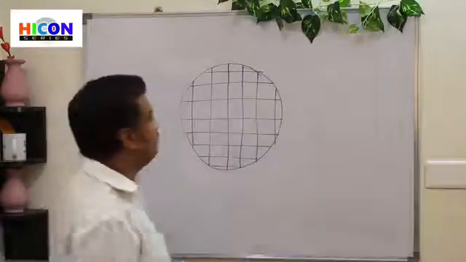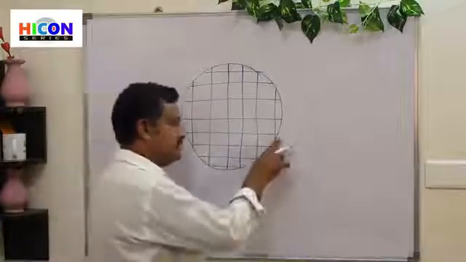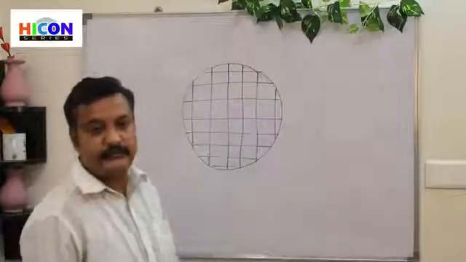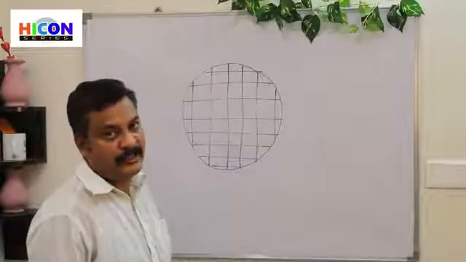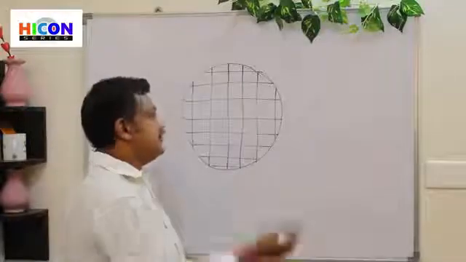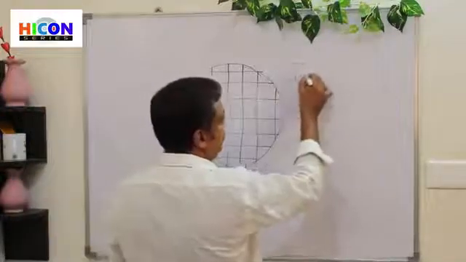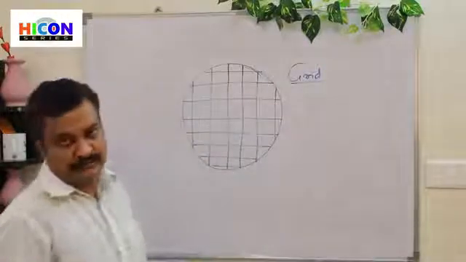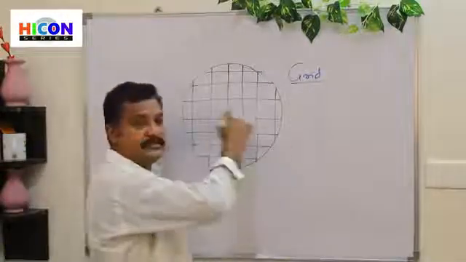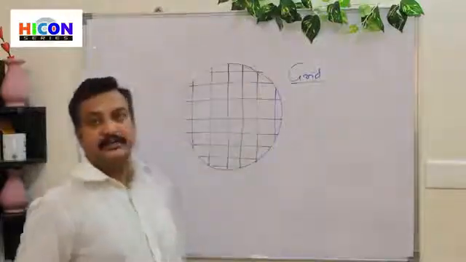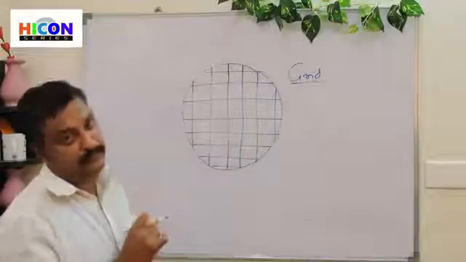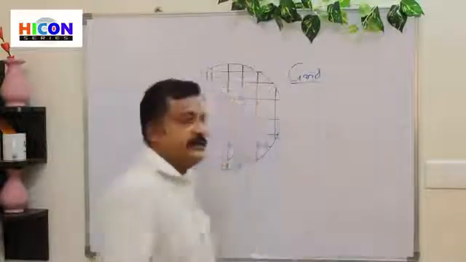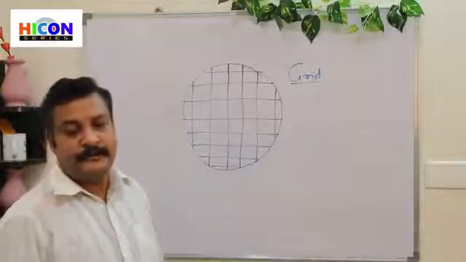Okay, so when you observe the globe or a map, we can see these kinds of lines crossing over it. Right? And this actually forms a formation called a grid. A grid formation. The latitudes and the longitudes together form a grid formation, and this grid formation actually helps us in identifying different places.